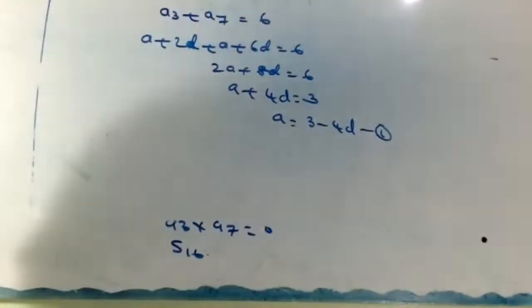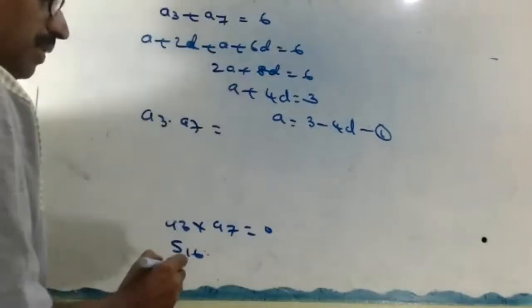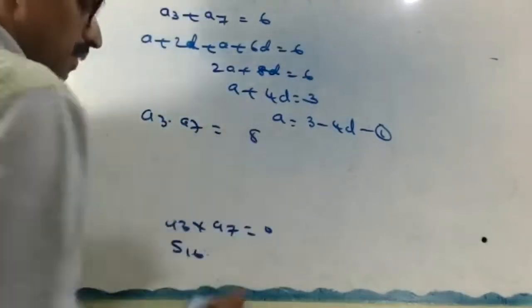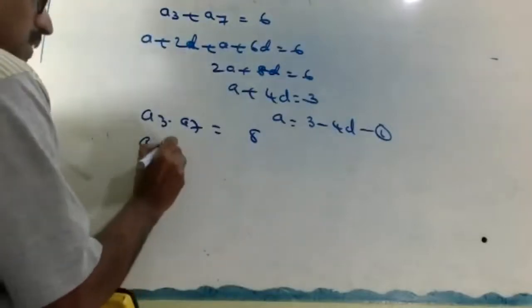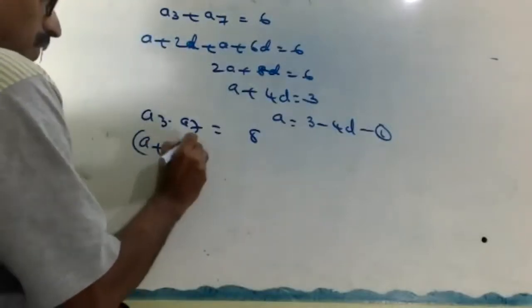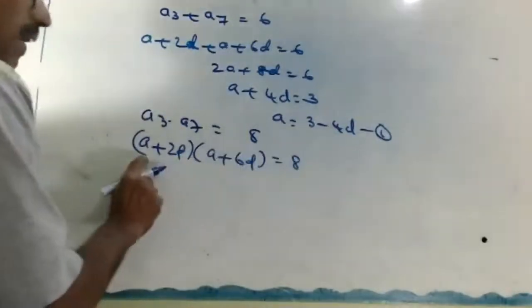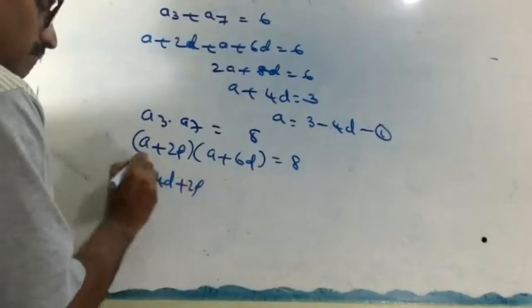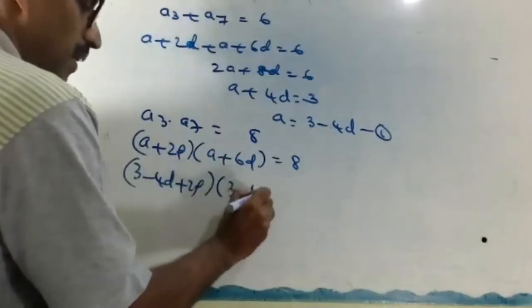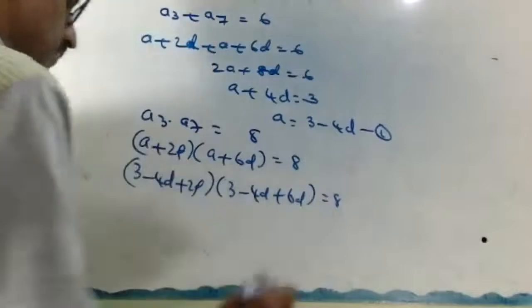Then product A3 into A7 equal to 8. Apply here: A plus 2D into A plus 6D equal to 8. 3 minus 4D plus 2D into 3 minus 4D plus 6D equal to 8.